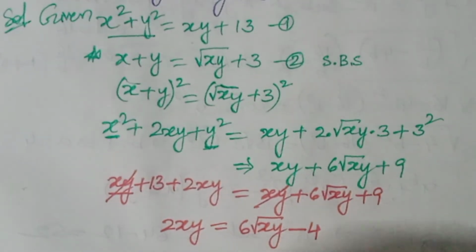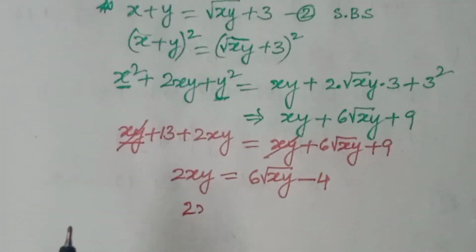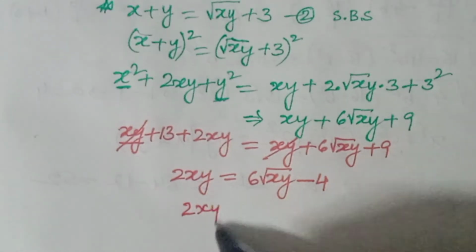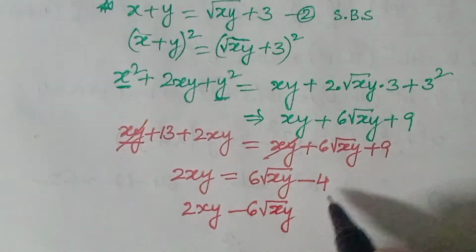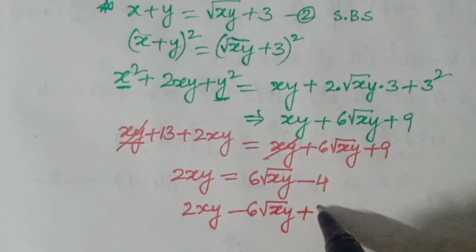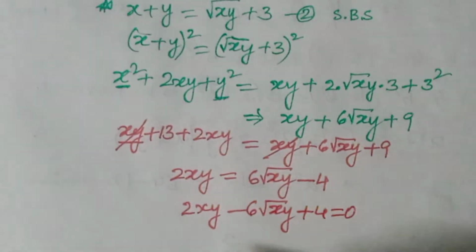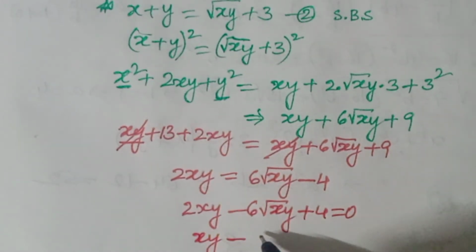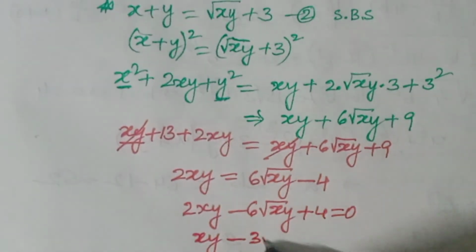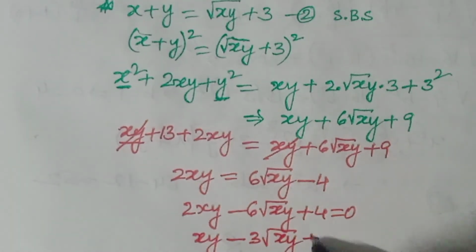Send all the terms to one side: 2xy minus 6 root xy plus 4 equal to 0. So here you can take 2 common: xy minus 3 root xy plus 2 equal to 0.